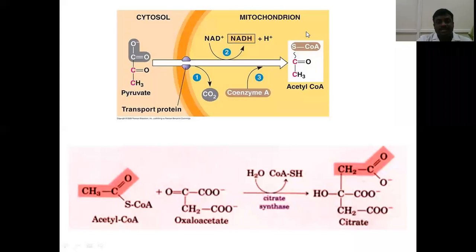This is called acetyl coenzyme A. Then it participates in the citric acid cycle and is converted to citrate. Here the sulfhydryl coenzyme A is removed, and carbon dioxide is attached where the sulfhydryl coenzyme A was removed. So this is coenzyme A adding to and removing from substances and products.